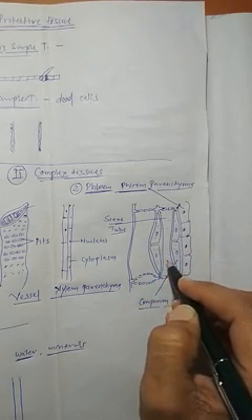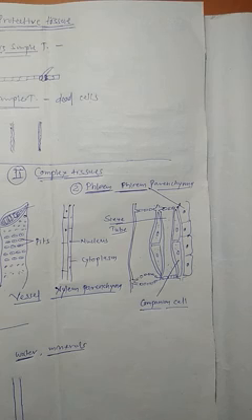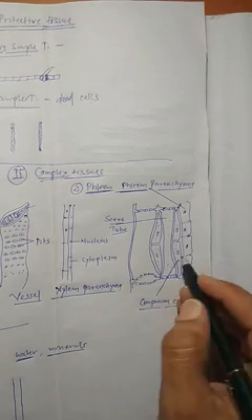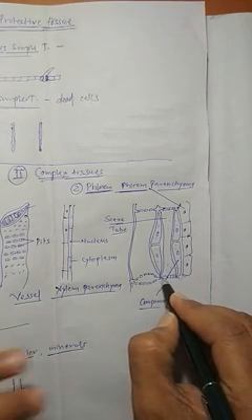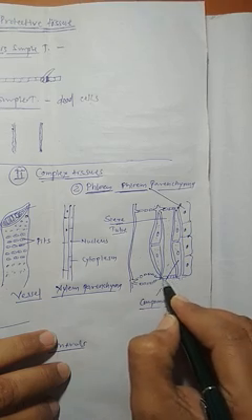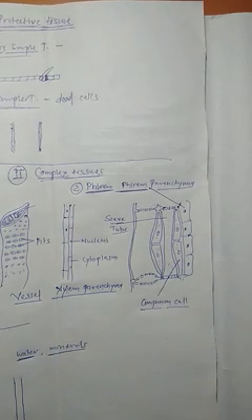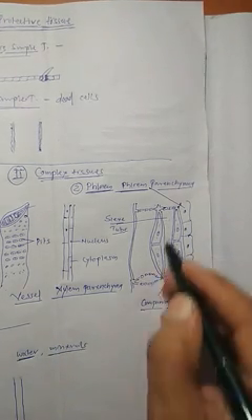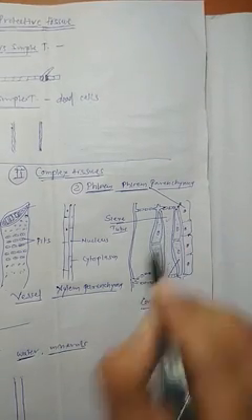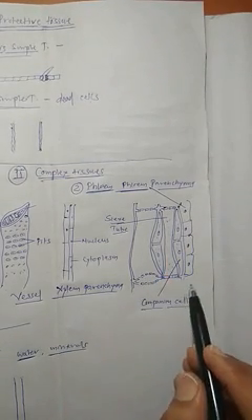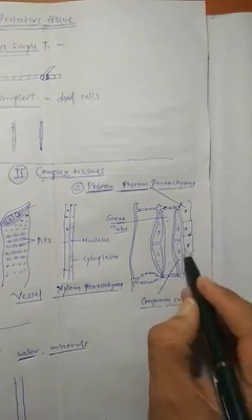The main function of this cell or group of cells is transportation of food and nutrients. This is one cell and many cells combine to form a sieve tube. This is a sieve cell. Okay, and these are companion cells.